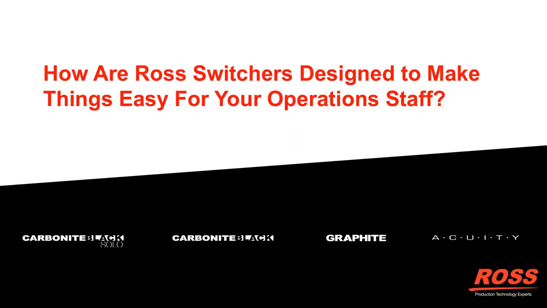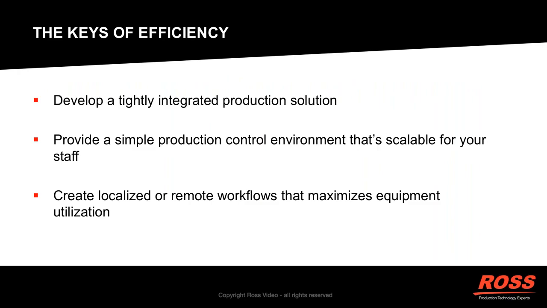So how do we make these things easier for operational staff? It used to be that a production switcher was almost an island, like all the other bits, the graphics system, VT operations and other things. Today, we really need to be able to consolidate operations and develop a really tightly integrated production solution.